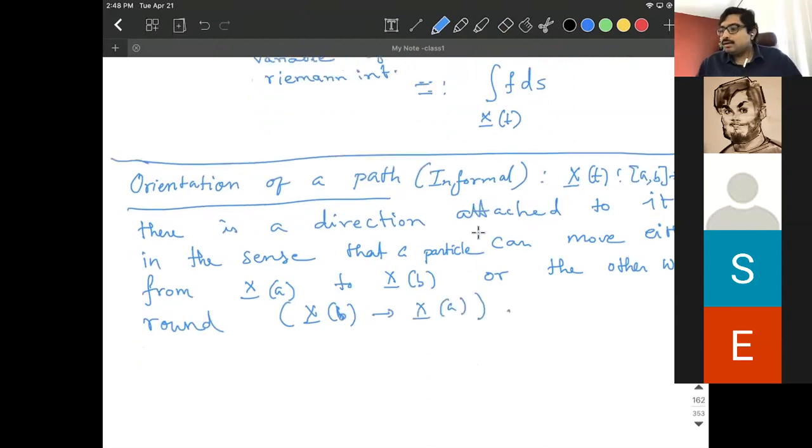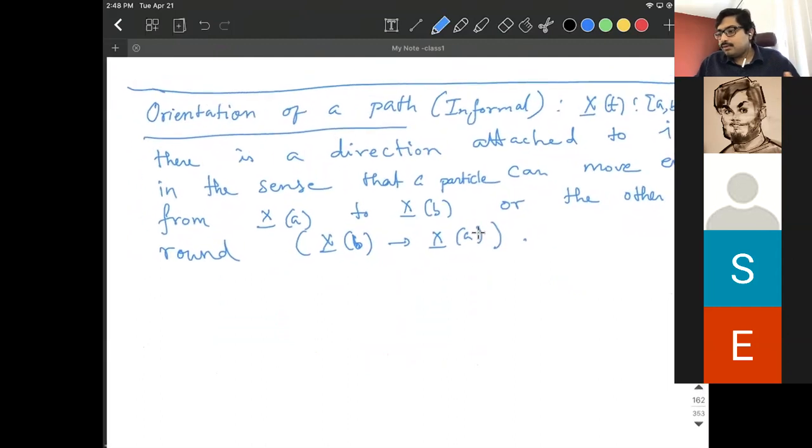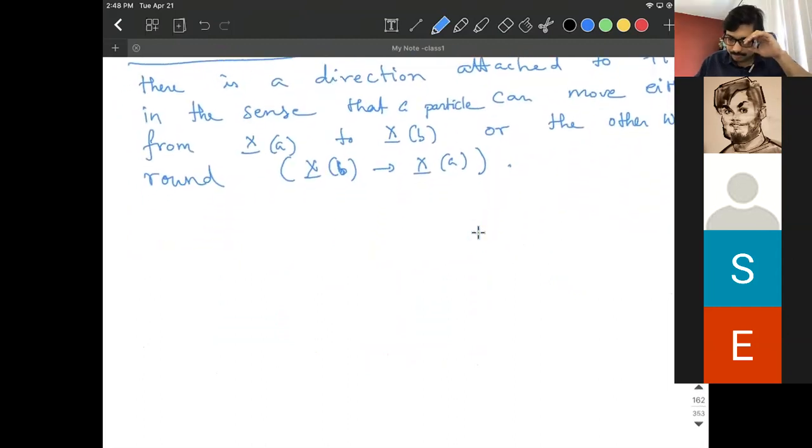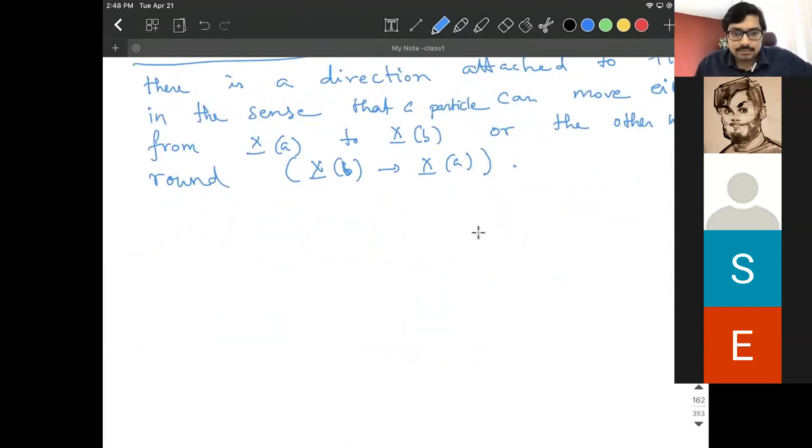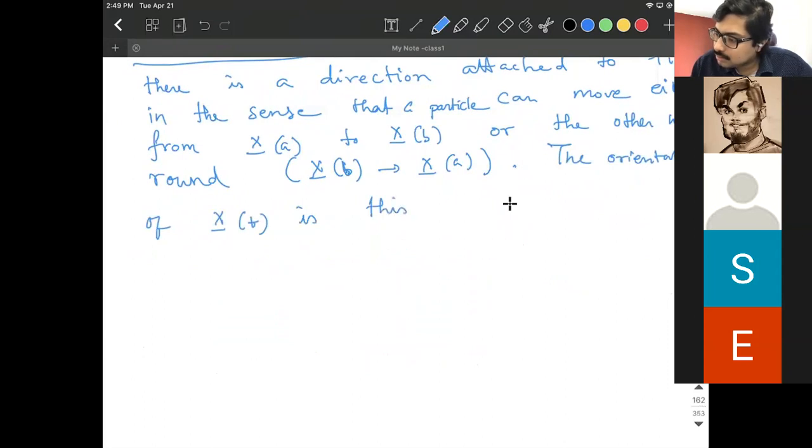Okay. Now, accordingly, we give this path an orientation. So the orientation of x(t) is this choice which we have to make.